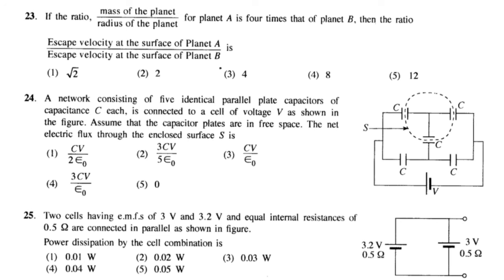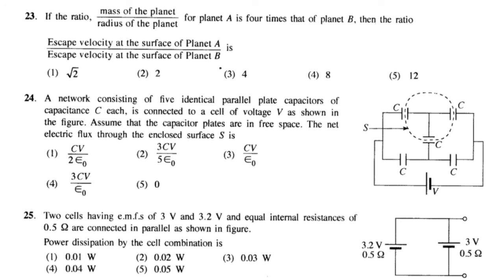And you have to find the Q, the total charge inside the surface S. When you look at the diagram, you can see that there is a capacitor in the middle. The voltages at the ends of that middle capacitor are equal. So no charge will be stored in the middle capacitor.